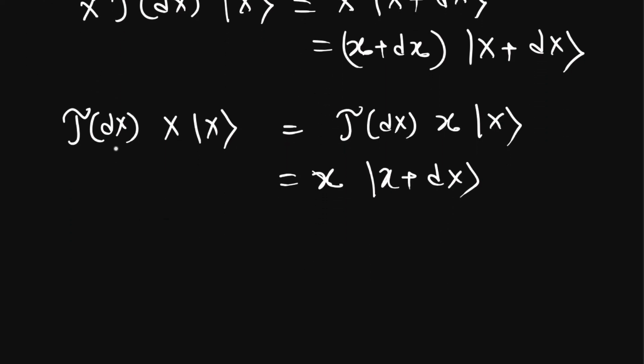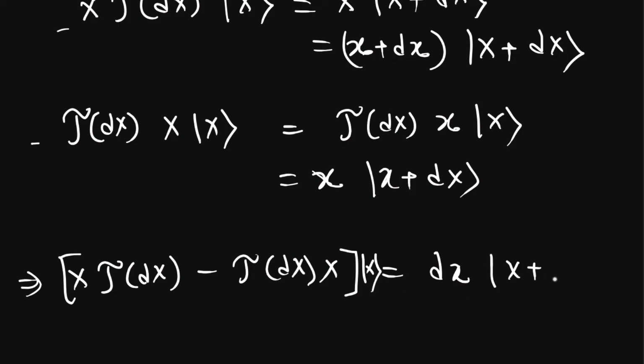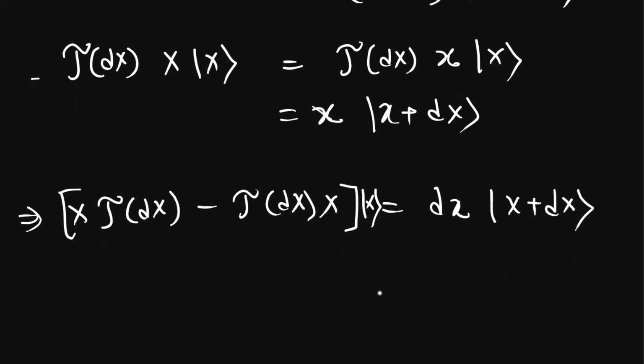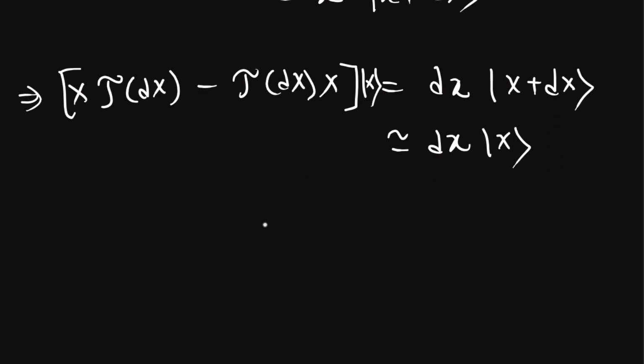If we subtract these two equations, we will get x tau dx minus tau dx x is equal to dx into x plus dx, operating on x will give dx into x, that is equal to dx x. That means the commutation relation between these two gives back dx.